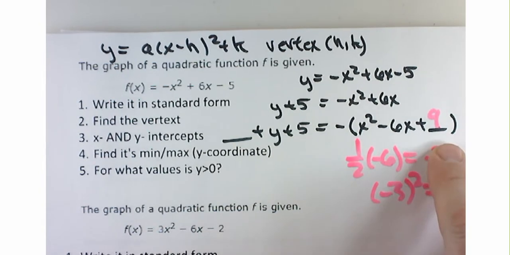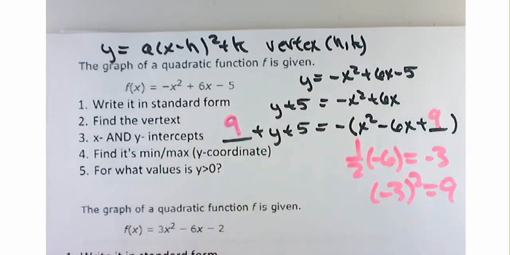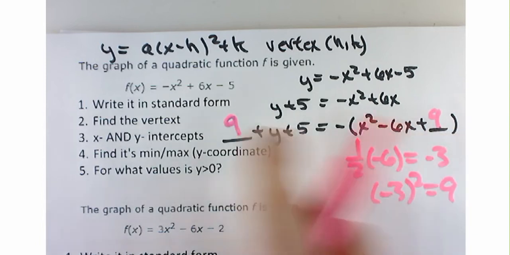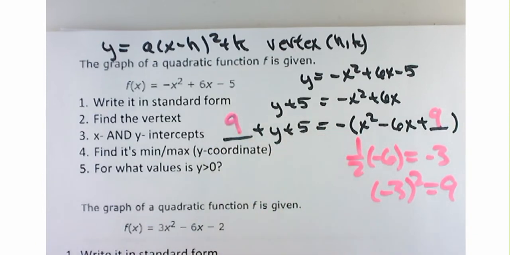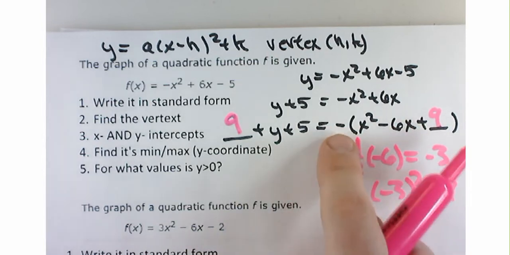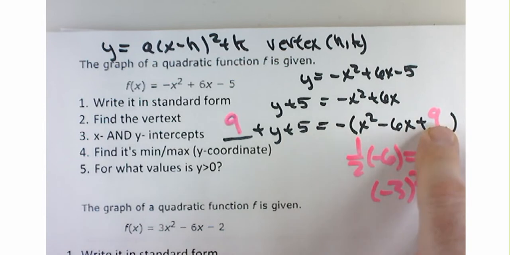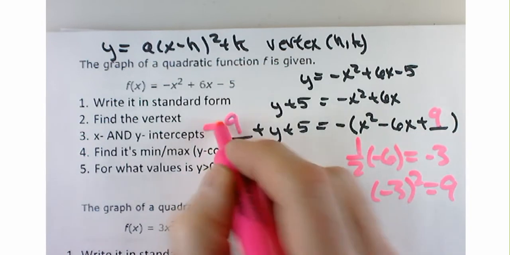And it'd be wonderful to tell you that I'm going to put a 9 over here, but that's not quite true. What do I need to put on the left-hand side? Not 9, but negative 9, because there's a negative out in front of this. So in effect, I've subtracted 9 here. I've got to subtract 9 here.